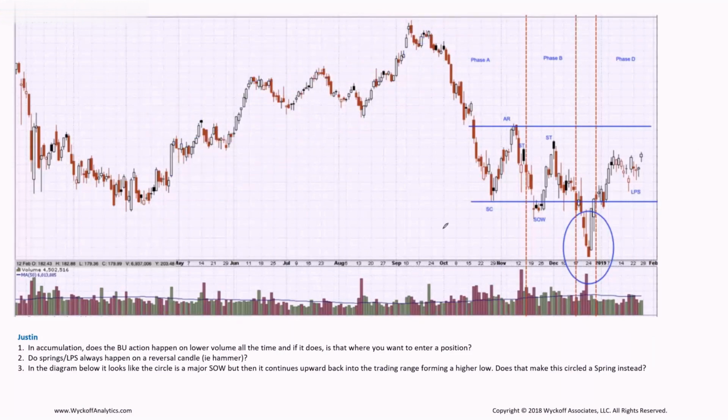I'm not sure about the angle though, right? So Philip is asking about the angle. But what I'm pretty much sure of is the way the structure unfolds. Look at the character of the down move right here. What do we see on the opposite side of this reaction? All of the counter moves are very, very mediocre.